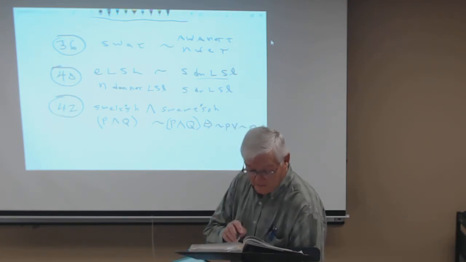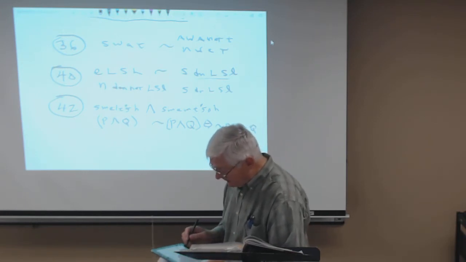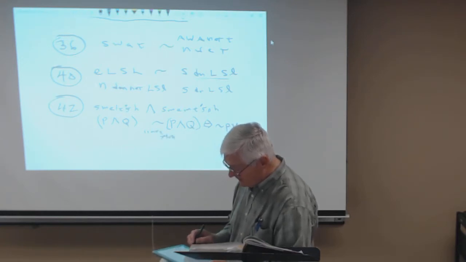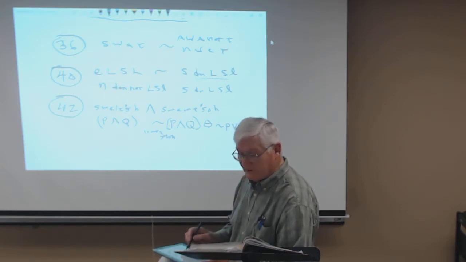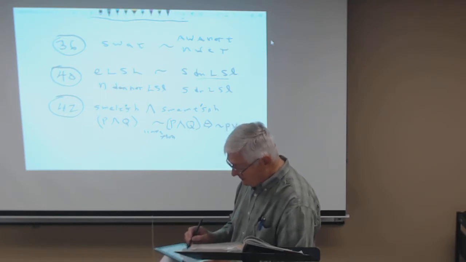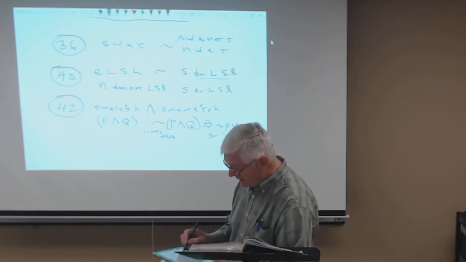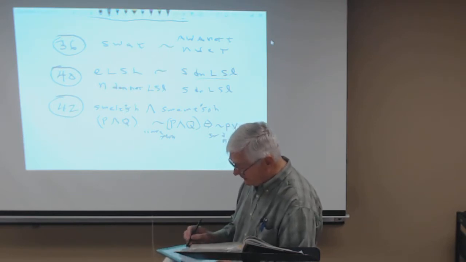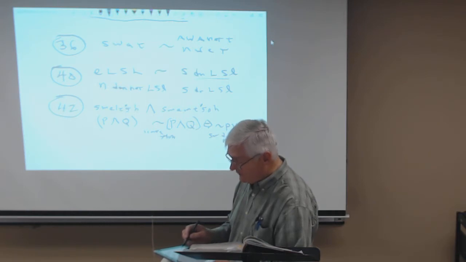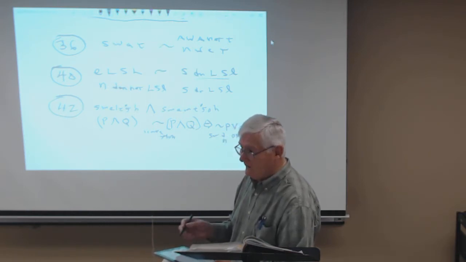Because I'm supposed to negate this statement, there are two ways to do it again. You could say it is not the case that some men earn $5 an hour and some men earn over $50. You follow that? Or you could say some men do not earn $5 an hour, or some men do not earn more than $50 an hour. So you have two ways you could say it.